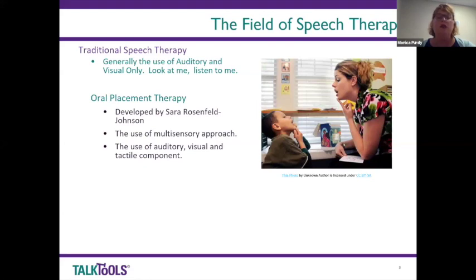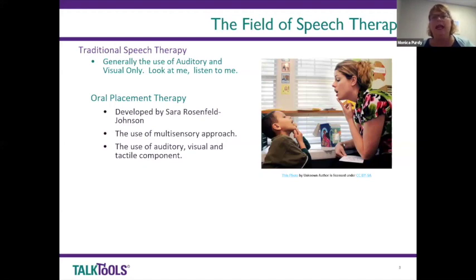We may use a tool or a tongue depressor or an apraxia shape, and we're giving them that input so that they know what it feels like to put their lips together. That's the only difference between this approach and traditional therapy. We would continue to use traditional therapy approaches, but we're adding in this tactile component.